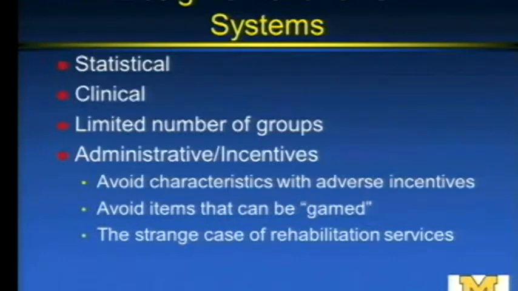So there's a particular case where you're trying to provide an incentive to provide rehabilitation service, or at least no disincentive to avoid it, where you will actually include a situation that's not actually a characteristic of the individual in the classification system, the case mix system.